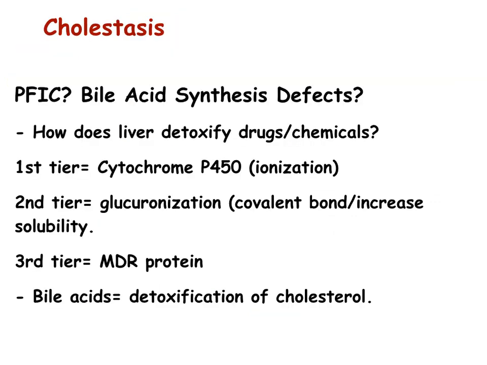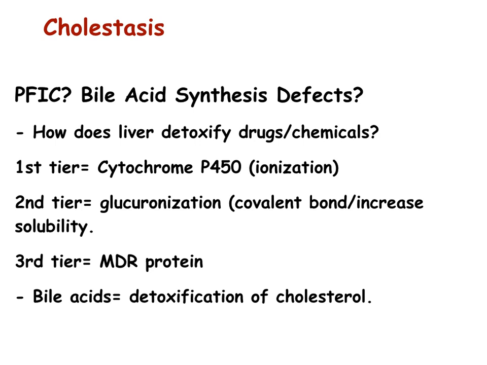What else? Please note that in children we get something called progressive familial intrahepatic cholestasis, and we also get bile acid synthesis defects, not very common, but we come across them. In order to understand the bile acid synthesis defects, we have to go back a step. How does the liver detoxify drugs or chemicals?